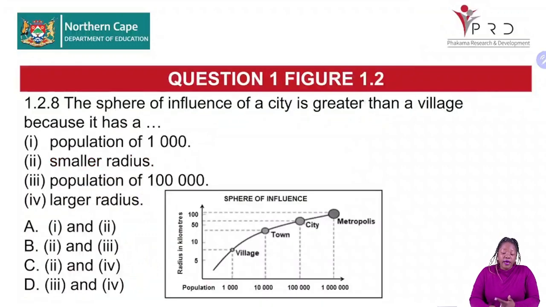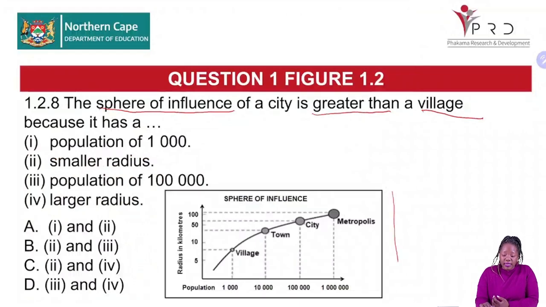So the sphere of influence of a city is greater than a village because it has. So we are looking at the sphere of influence where we draw our customers from. So it is greater than what? Greater than a village, because, so now look at the diagram so that you can have the clue.